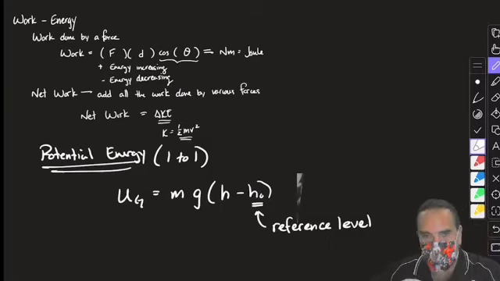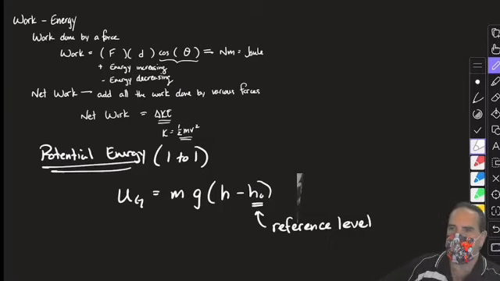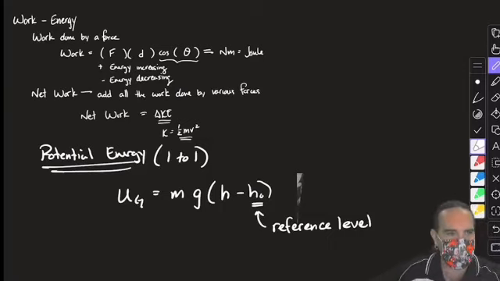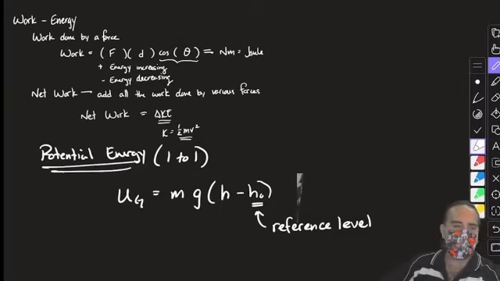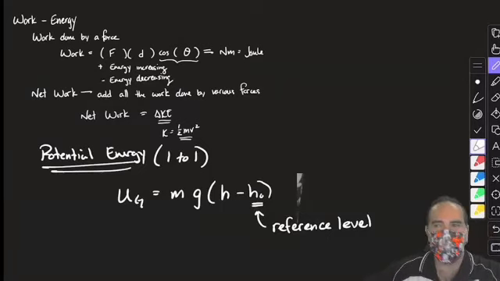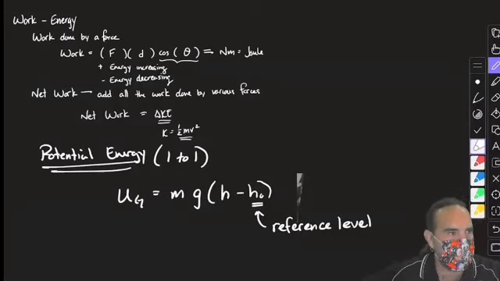So the reference level, if you're holding your pen right now, and I asked you, does your pen have any gravitational potential energy? The question you should think about for just a moment is, well, compared to what? If I were to drop my pen right now, is it likely to hit the table? If so, table's the reference level. That's how you should make your comparison. You should calculate the amount of potential energy based on how high it is above the table.